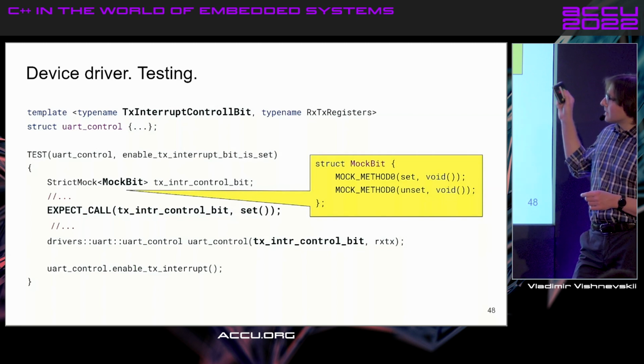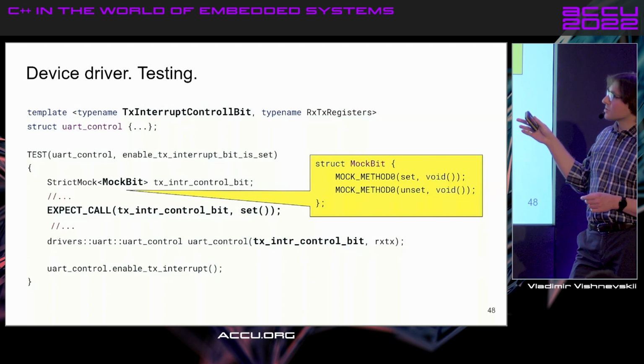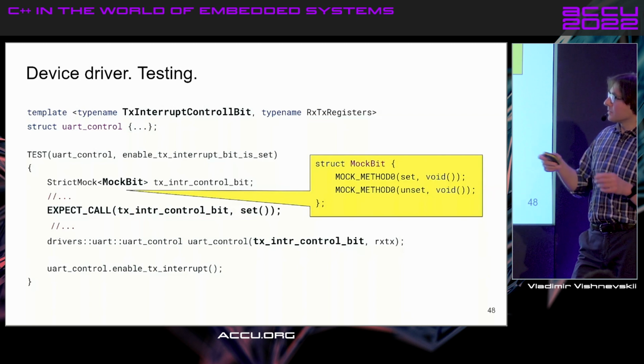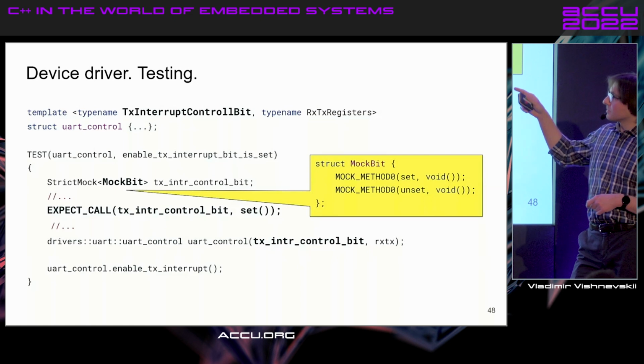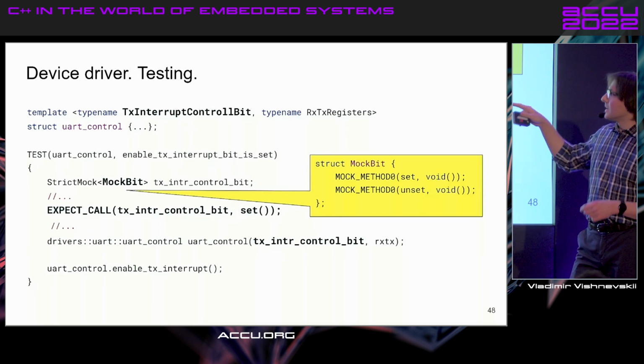We can inject this type instead of the original type if we make the code generic, without the UART control being dependent on the concrete type here.